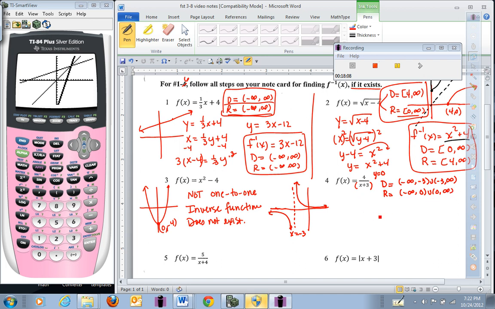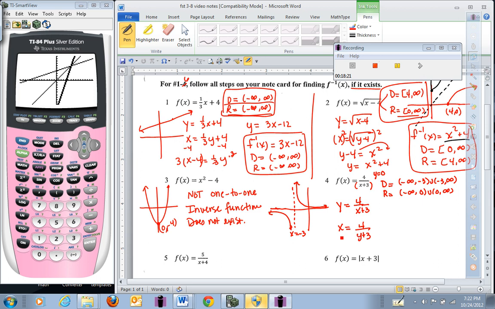Okay, so we can do this problem. We're going to say y is equal to 4 over x plus 3. So x is equal to 4 over y plus 3. Now, there are some different strategies that we could use to solve this problem. But I don't know if you've ever thought about this or not.